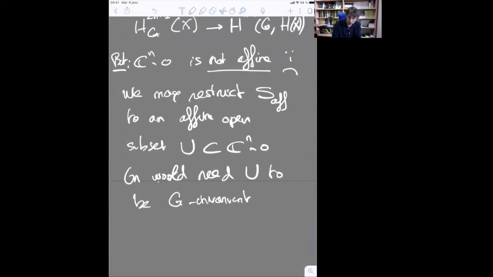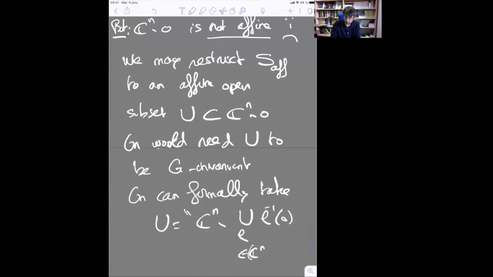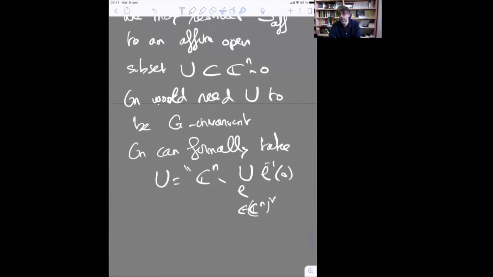But one can formally take U to be Cn minus all the hyperplanes. This seems to be a lot, but this can be done if you consider, for example, a direct limit of hyperplanes.